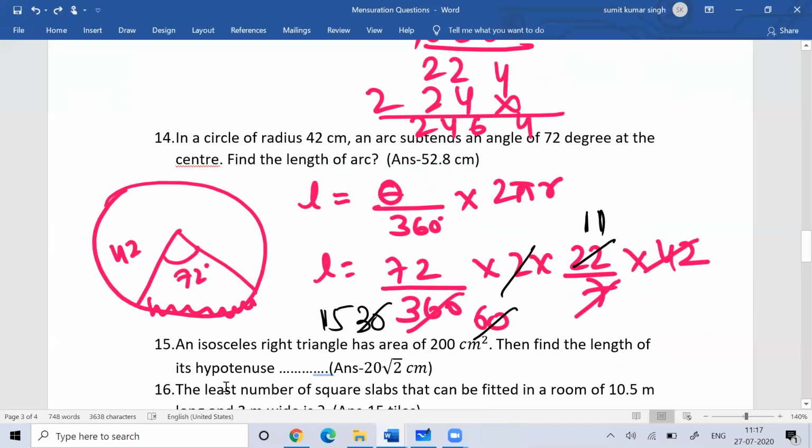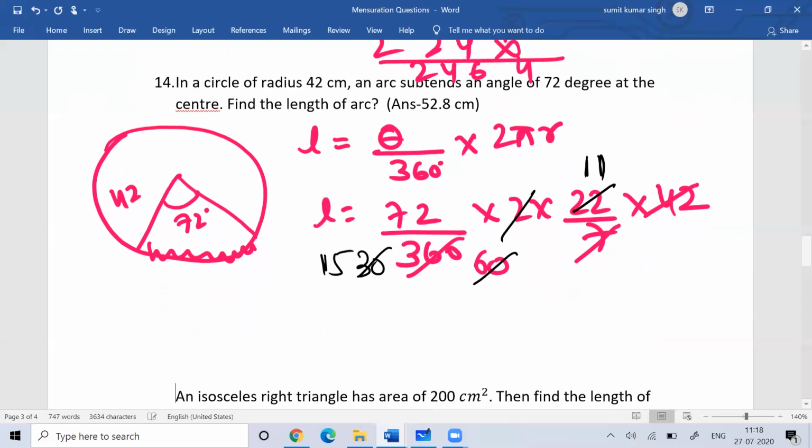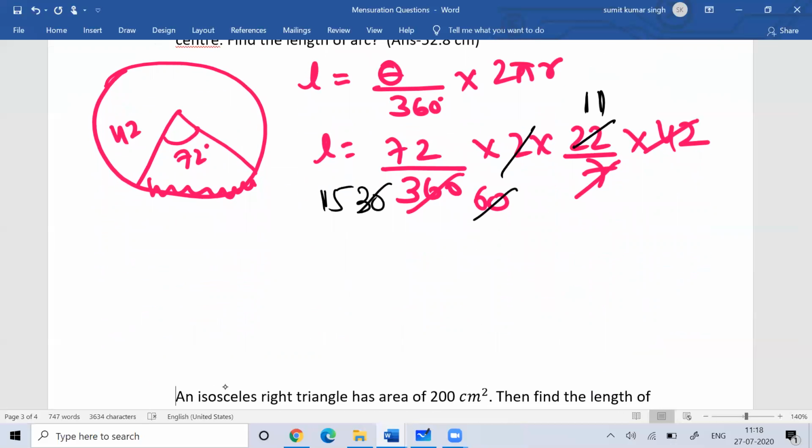So your length is 72 into 11 by 15. I can write this as 24 threes are 72.